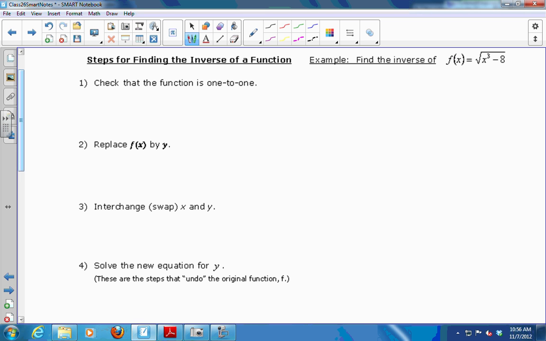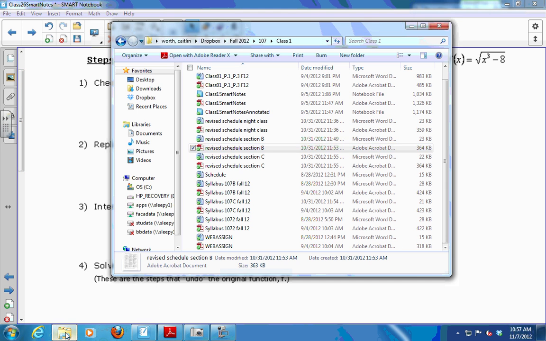So step 1 is check that the function is one-to-one. How do you do that? Put it in the calculator, and what am I looking for? Horizontal line test. Okay, so this is HLT. So let me pull up my calculator and take a look at the square root of x cubed minus 8.